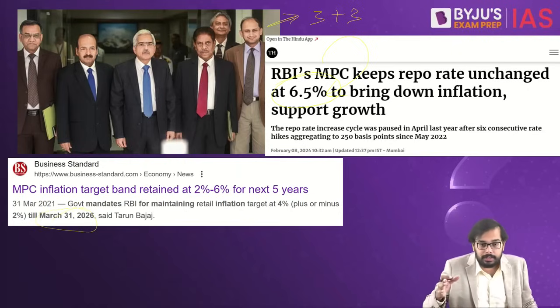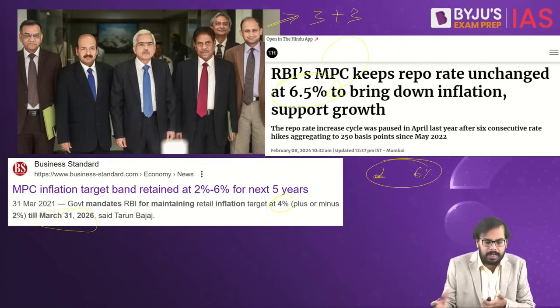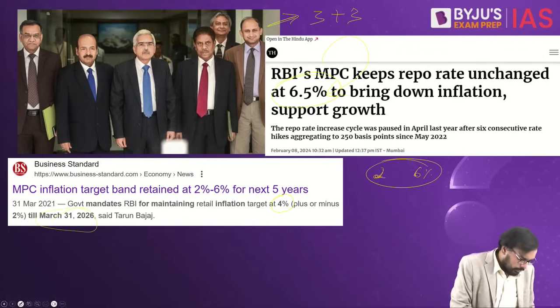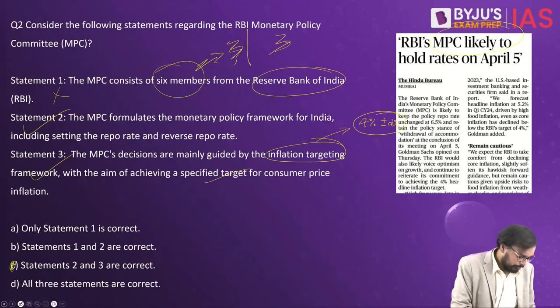Up to March 31st, 2026, the main aim of our MPC is the inflation targeting, and the band is 4% plus or minus 2%. So the zone would be 2 to 6%. That is, the inflation targeting should be between 2 to 6%. So that is the goal of your MPC. So again here, statement 3 is also right. So the answer is C. C is the answer. Fine.